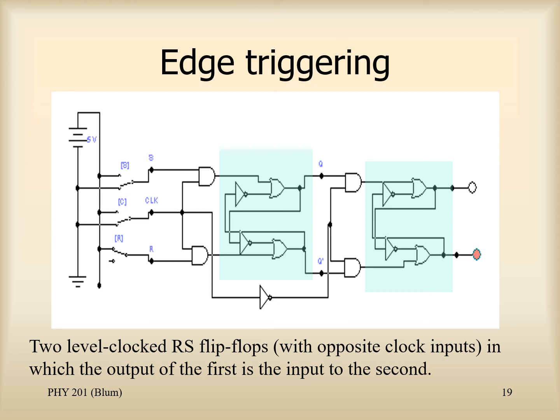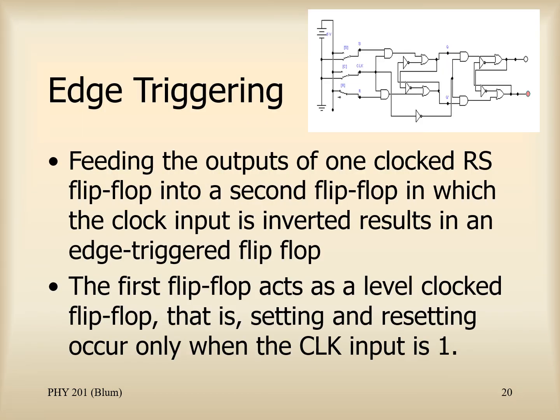The clock input feeds into the first flip-flop, and then that clock input gets inverted before it reaches the second flip-flop. So this process of feeding the output of one clocked RS flip-flop into a second RS flip-flop with the opposite clock input leads to edge triggering.